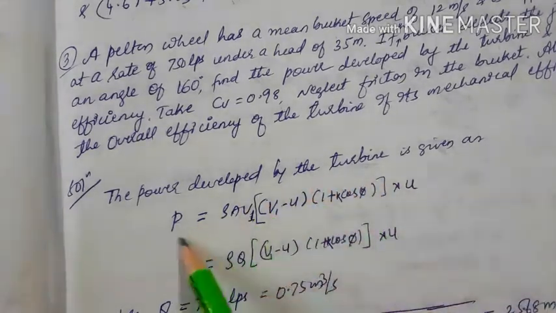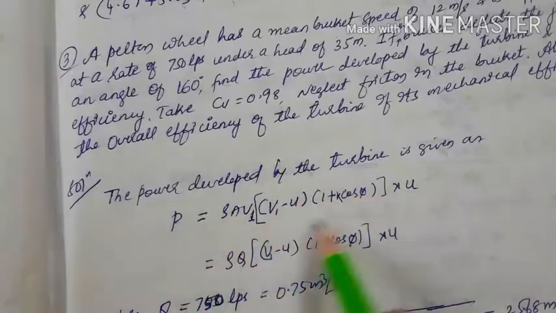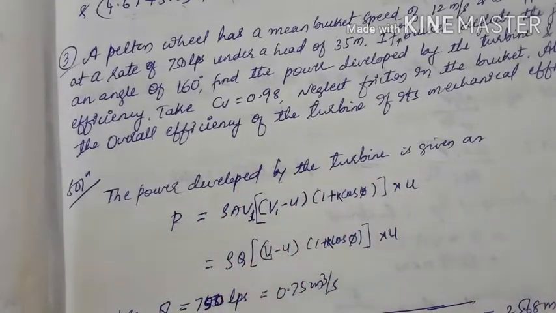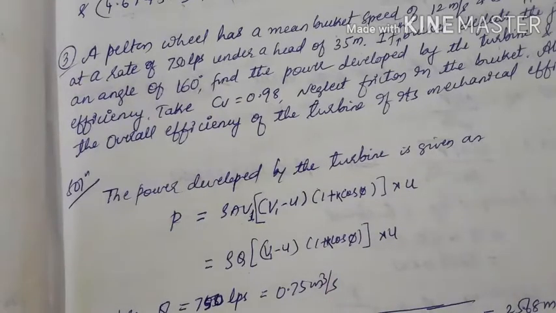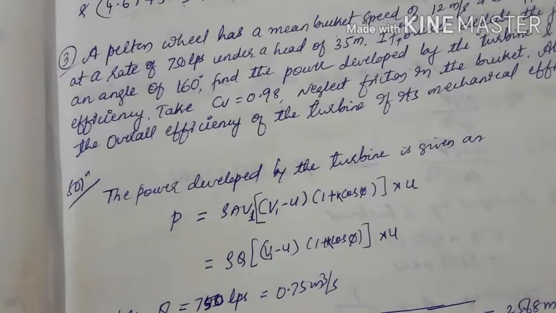We have derived this formula while deriving work done and efficiency of a Pelton wheel, where a into v will be q into (v minus u) into (1 plus k cos phi) into u. Here k is the coefficient of friction in the blade passage.